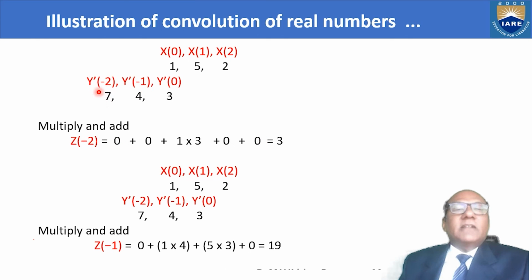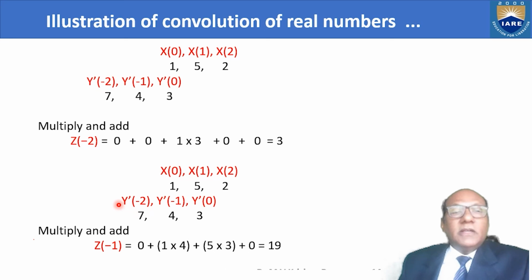This vector is at this position, so I can take this as k, for example, k equal to minus 2. After multiplication, the output I am calling another variable z. So z of minus 2 equals 3 here.